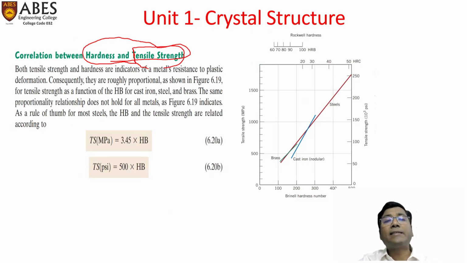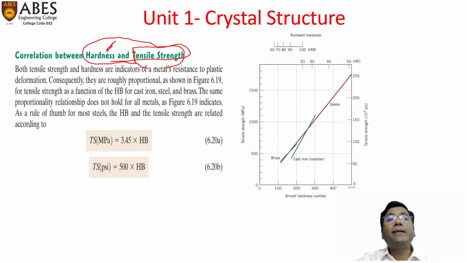So if there exists any correlation between hardness and tensile strength, then hardness can be measured very easily on any suitable scale, since it is a localized plastic deformation. So if there is a relation between hardness and tensile strength, then if we measure hardness, we can roughly guess the tensile strength of that material.